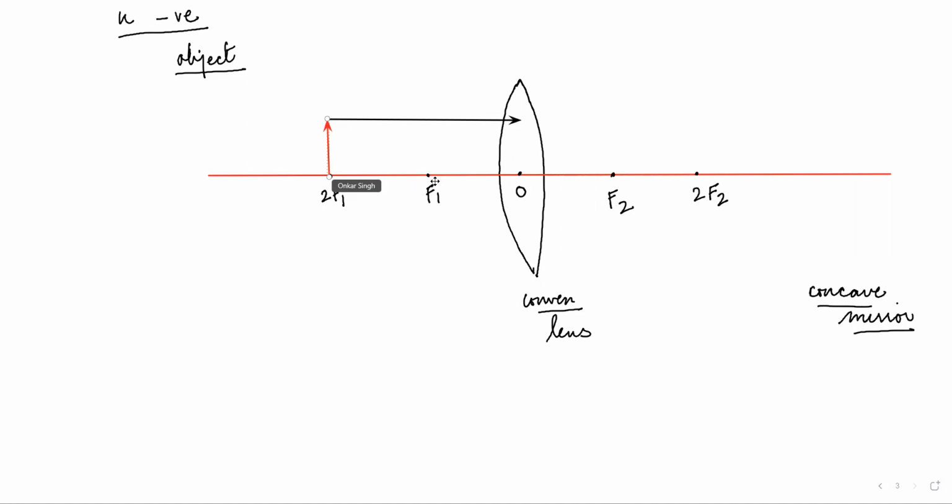First ray parallel to principal axis of the object. This may be a pencil, this may be a candle, this may be some camera, anything, you know. Okay, so first ray parallel to principal axis. Obviously, it will pass through what? Student?